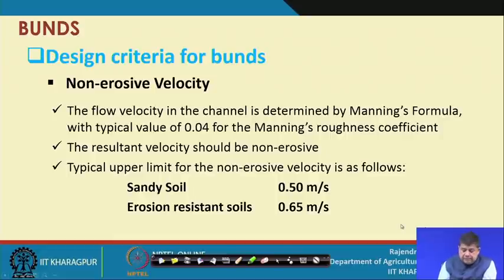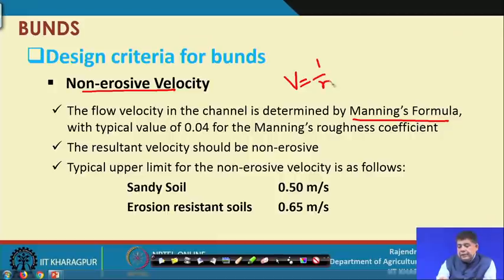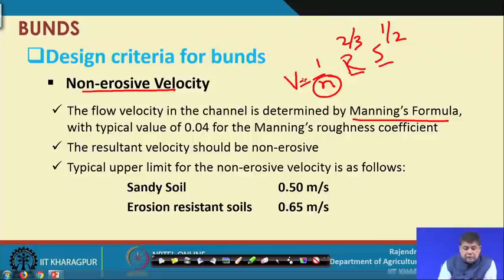Then another important criterion is the non-erosive velocity. The velocity is calculated using Manning's equation, which we know already: V = (1/n) R^(2/3) S^(1/2), where R is the hydraulic radius, S is the bed slope, and n is Manning's roughness coefficient.